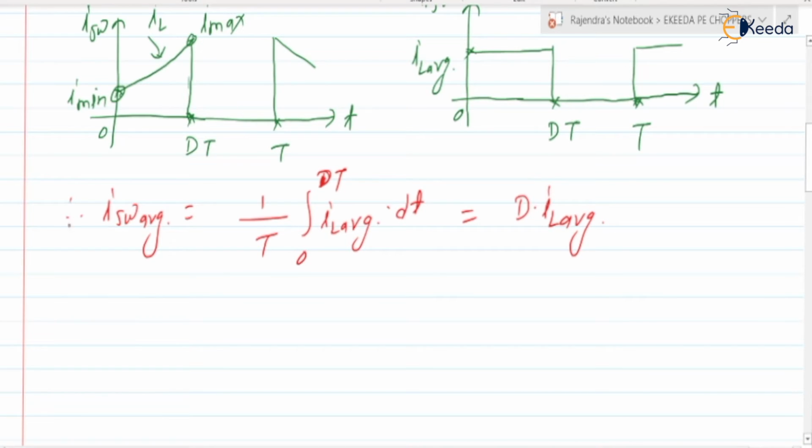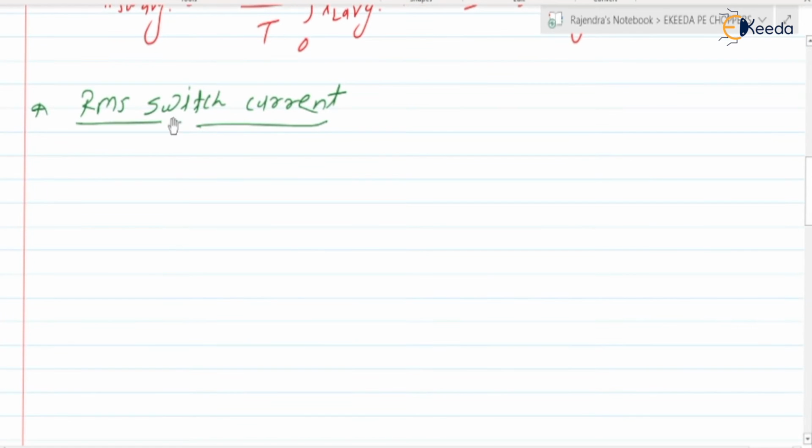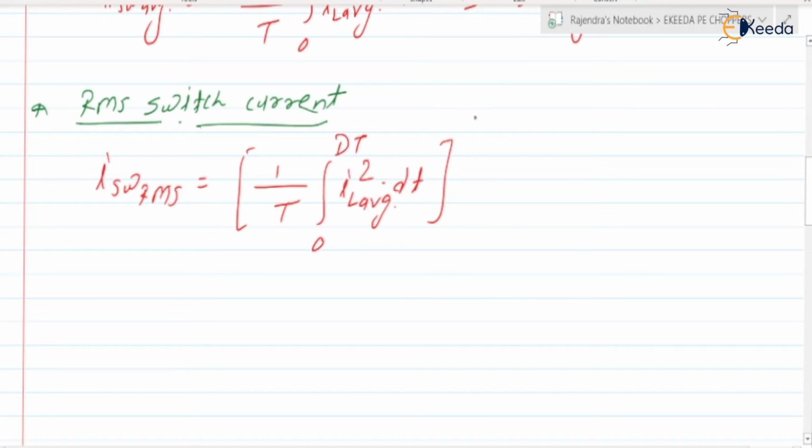Similarly, can we write the expression for ISW RMS, the RMS value of the switch current? ISW RMS is equal to what? 1 by T integration from 0 to dT of IL average squared dt, to the power 1 by 2.